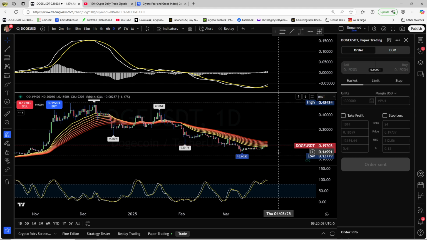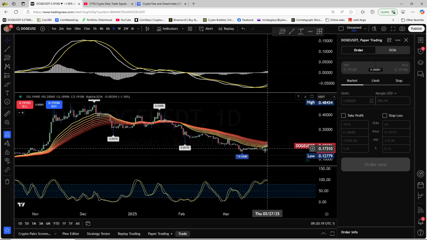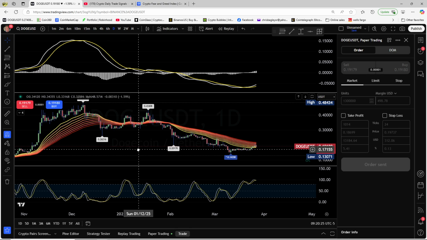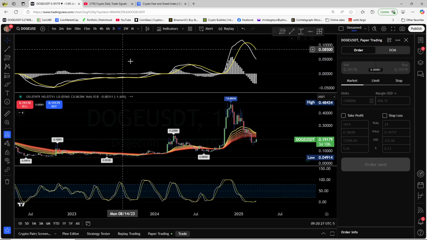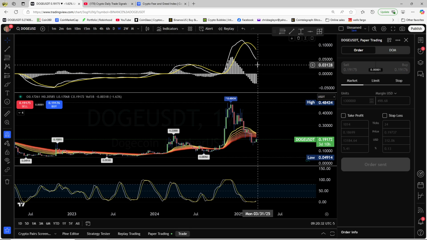I would say between the 14,991 and 27.8. We're going to stay in this range for a while. Now on the weekly time frame, this is probably going to come down quite a bit.